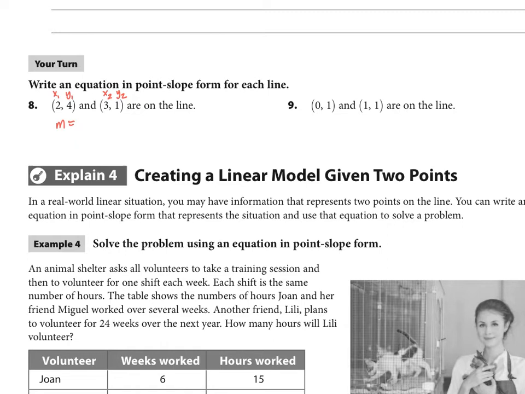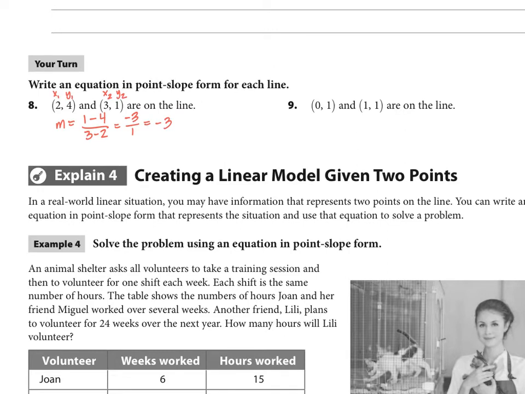So my slope formula is I'm going to subtract the y's, 1 minus 4, and subtract the x's, 3 minus 2. So I get negative 3 over 1, which is just negative 3. And so once I know my slope, I'm just going to choose a point. You can choose any point. It's going to come out to the same thing anyway, or they're equivalent.